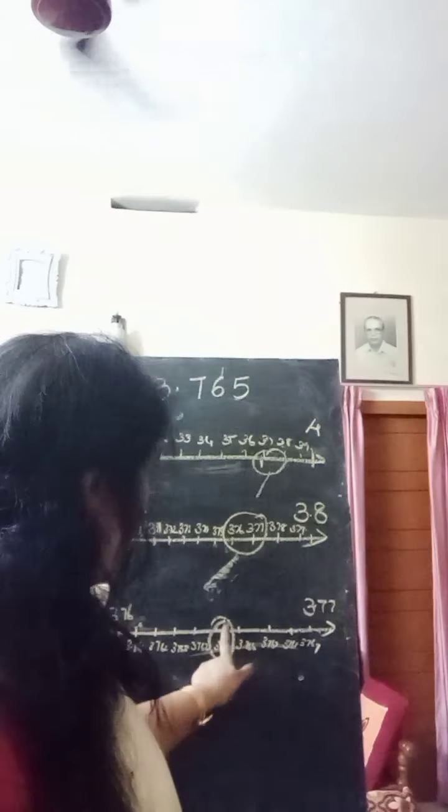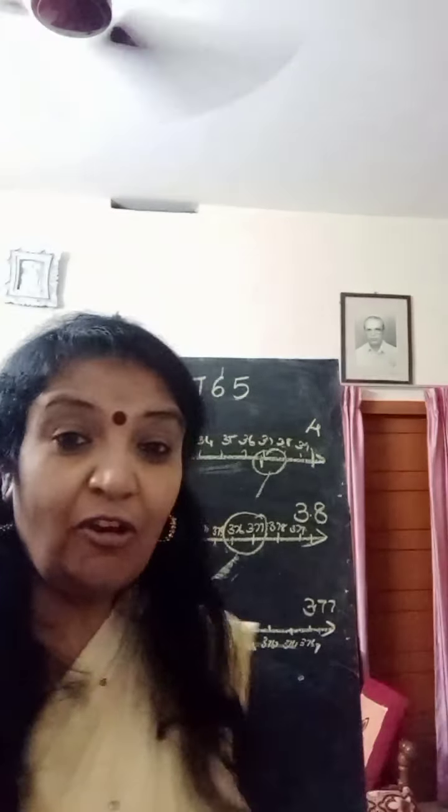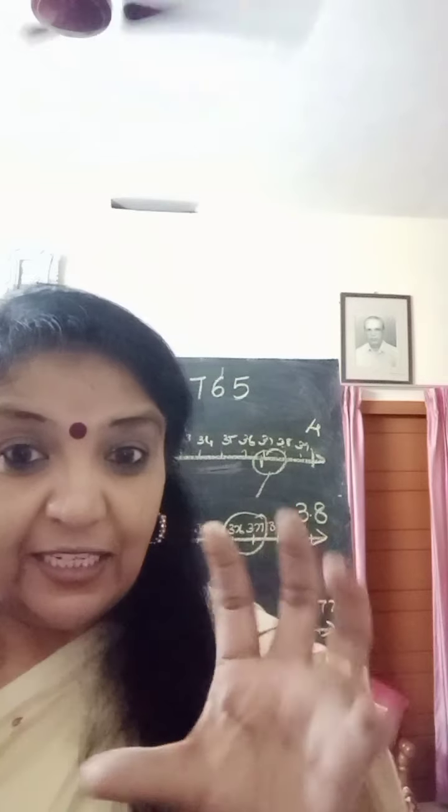So that means magnifying the number line. Finally, we got the position of that tiny decimal, 3.765. And this is the method. First you take the whole number, and you decide where the position of that decimal number is, between two integers.